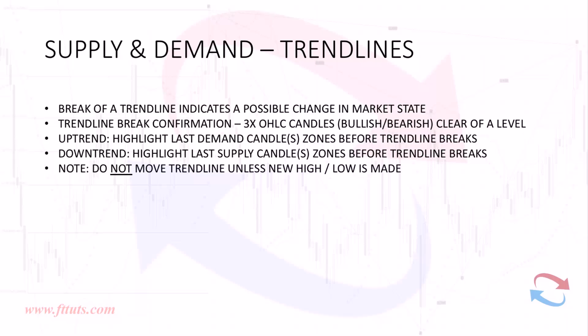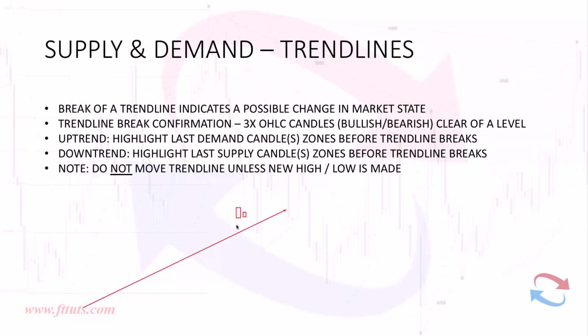So in an uptrend, we have to highlight the last demand candle or candles zones before the trend line breaks. So let me get into that. So let's say, again, we have a trend line here. And let's say we have a candle here. And then we've got a bullish candle.